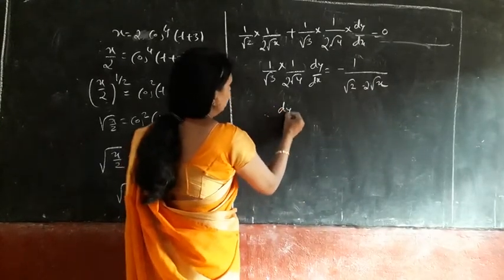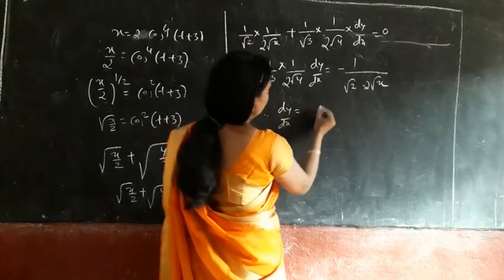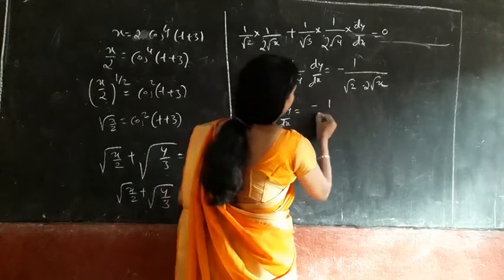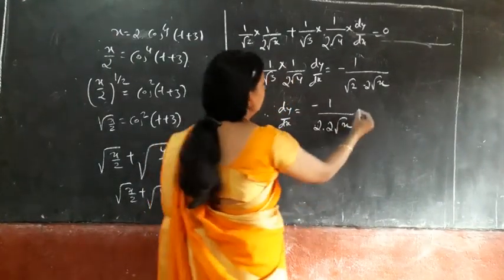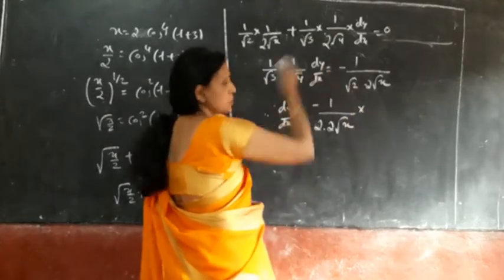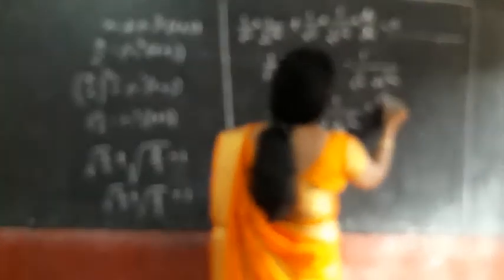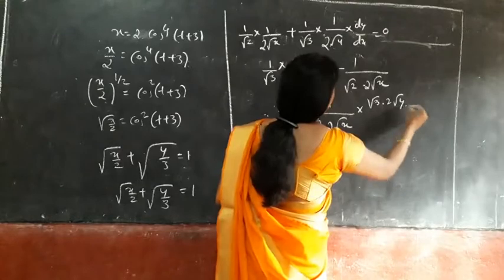Therefore, dy/dx equal to, we can write, minus 1/(2√x) into, these terms come to the numerator, √3 into 2√y.